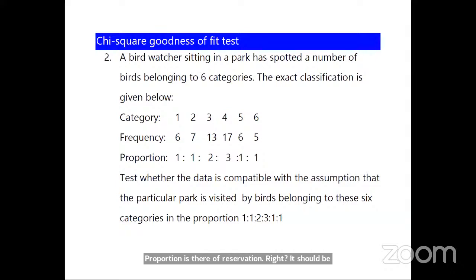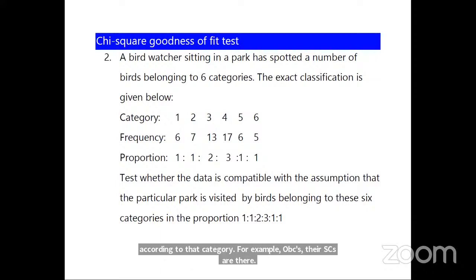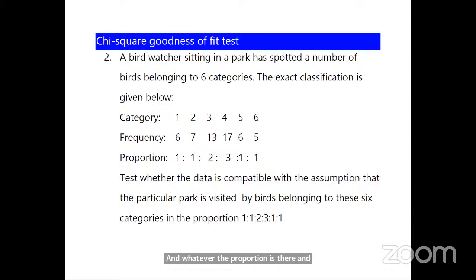For example, OBC is there, SCs are there, STs are there, and if we want to check whether the given proportion in reservation and the actual proportion are the same or not, then yes, we can apply this chi-square goodness of fit test there. Okay, like this.